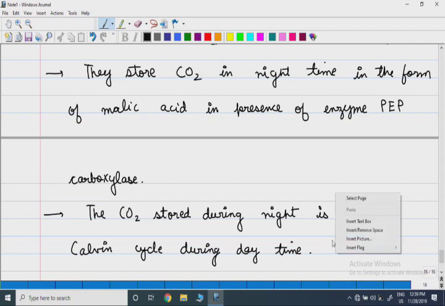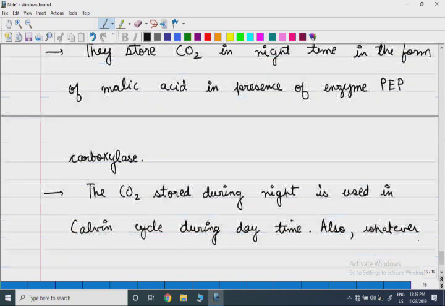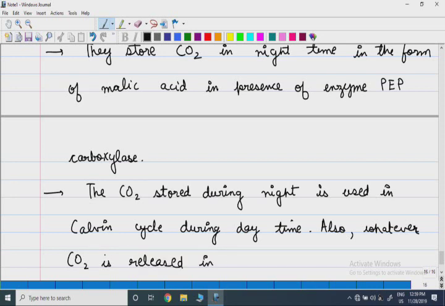Also, whatever carbon dioxide is released in respiration is consumed in photosynthesis.